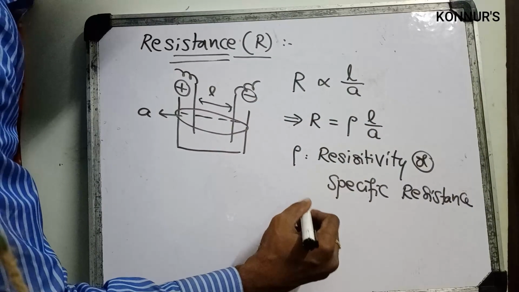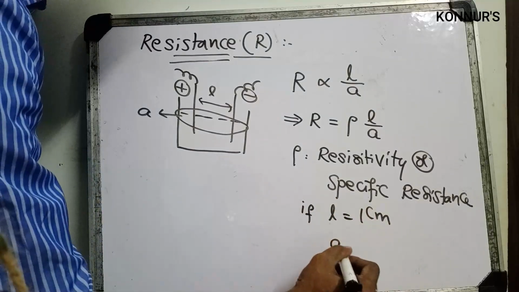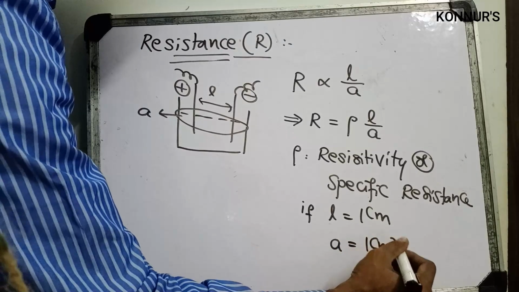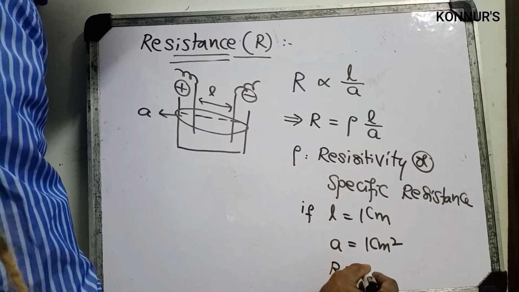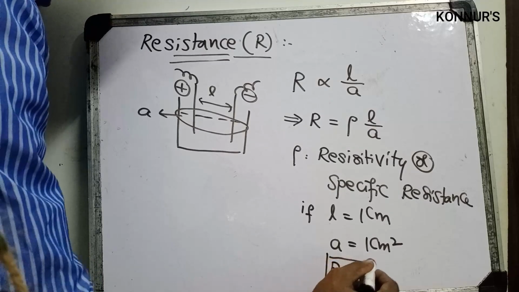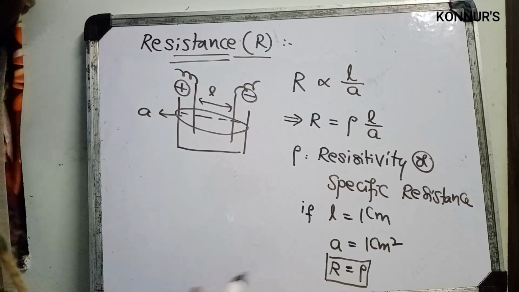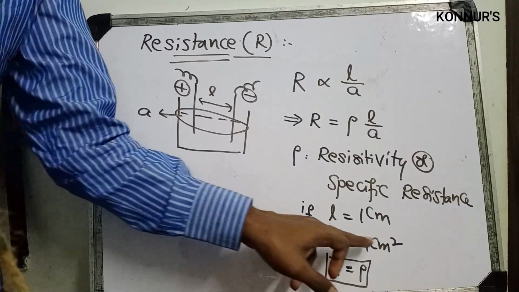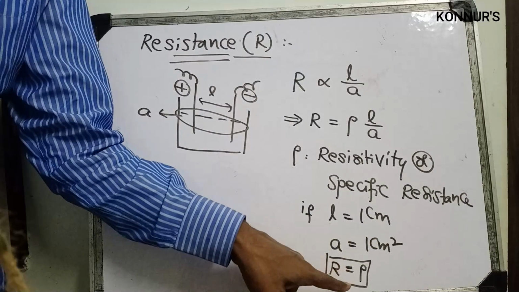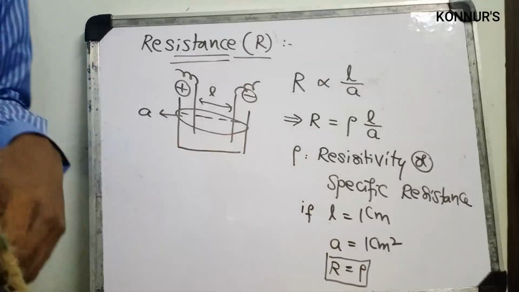Suppose L equals 1 centimeter distance, A equals 1 centimeter square. Then R equals rho into L by A, where L by A equals 1 by 1. So if you take L equal to 1 centimeter and A equal to 1 centimeter square, whatever resistance is observed is exactly equal to the specific resistance.